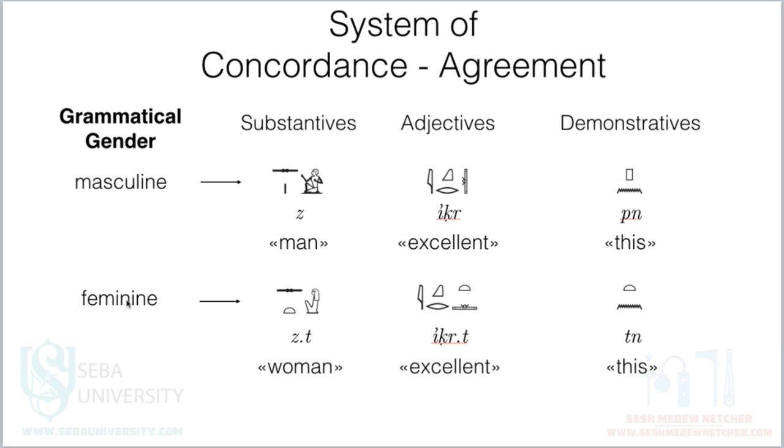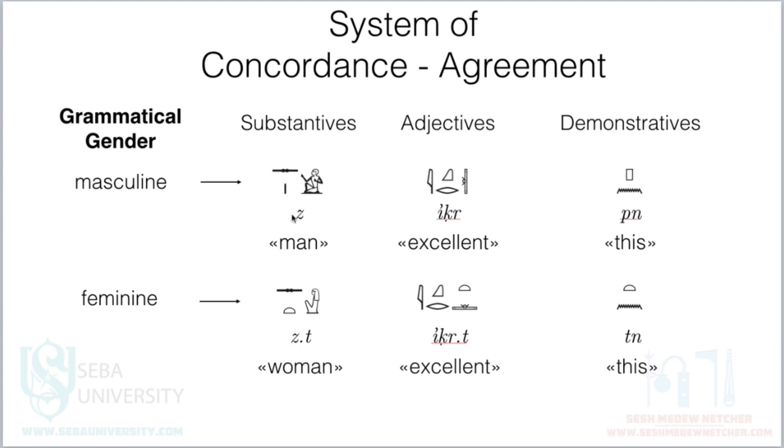Now, for the feminine example, we're going to use the word for woman, which is zit. Remember when I said that in Ranykemet, all substantives are either masculine or feminine, but there are some substantives that exist in both genders. This is an example.